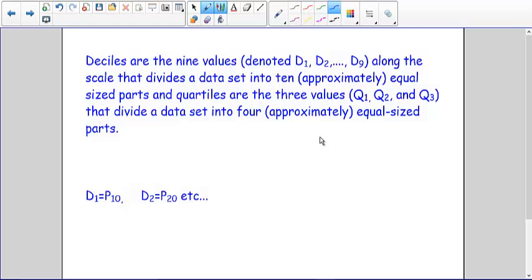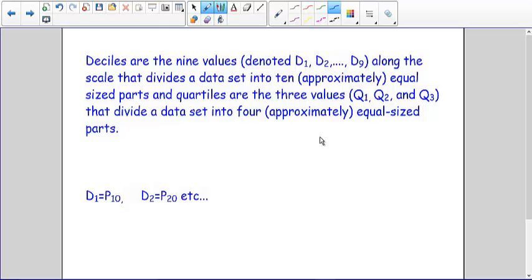You order the data. The second quartile is the median. The first quartile is the median of the lower half of the data, and the third quartile is the median of the upper part. And then you have the minimum and the maximum.